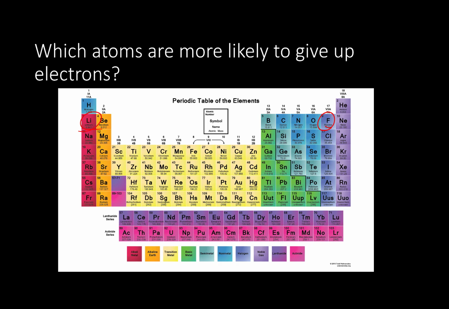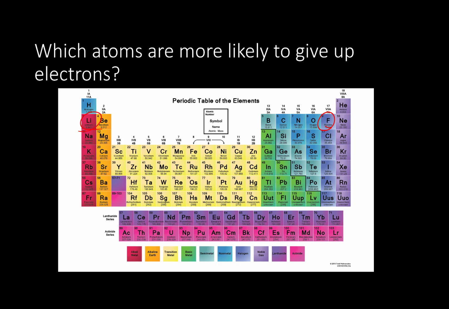It really wants an extra electron. That also means that it's really going to hold on very tightly to the electrons it already has. So fluorine would have a very high first ionization energy. It would require a whole bunch of energy to take an electron from fluorine.